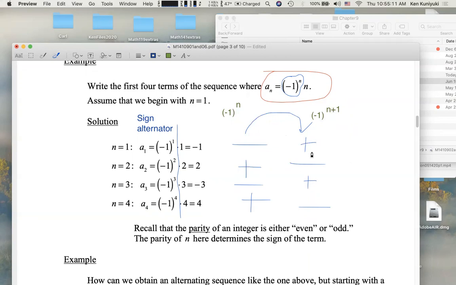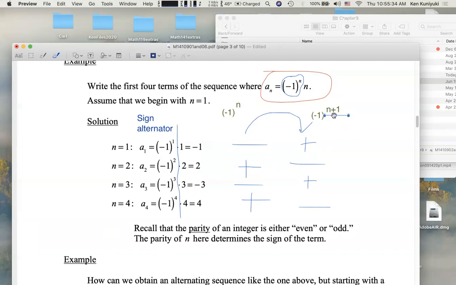But here's the bottom line. When n equals 1, if this exponent is odd, we get negative. If this exponent is even, we get positive. But wait a minute. When n plus 1 is even, what else is even? n minus 1. We can subtract 2.